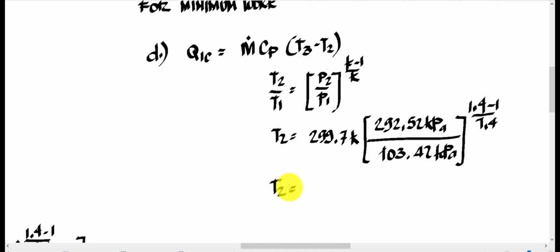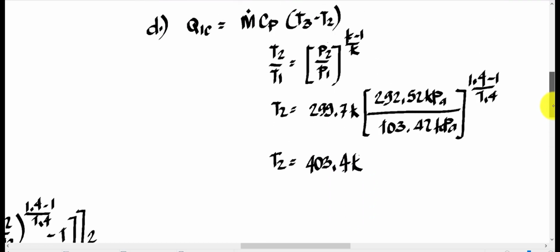So we have now the value of your T2, which is approximately 404, so this is 404 Kelvin. So we can now directly solve.